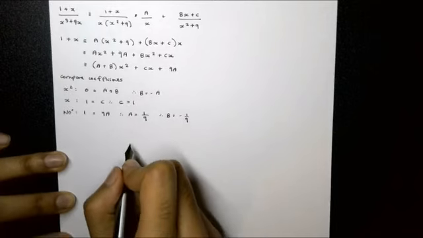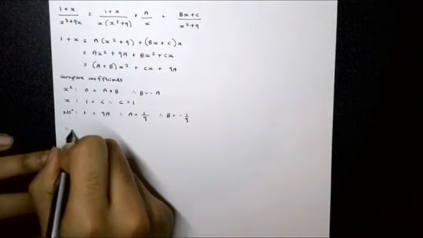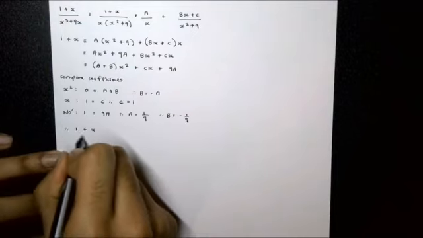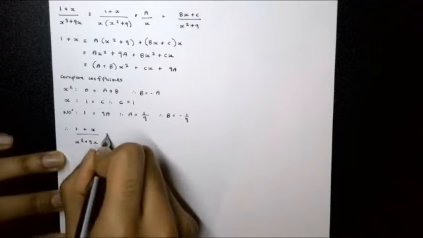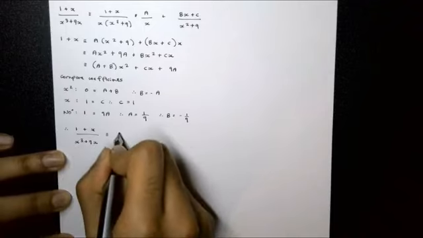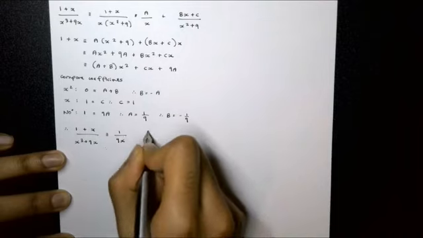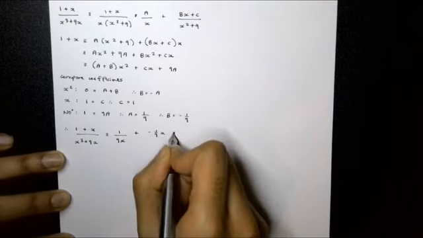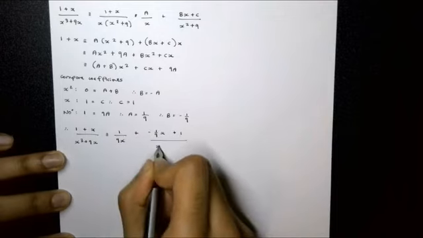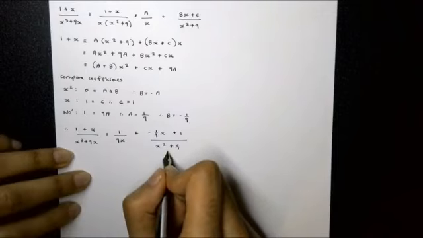And now if we tidy all of this up, hopefully here you can see we've got 1 plus x over x cubed plus 9x being equivalent to a over x, so here we've got 1 over 9x, plus bx, so we add on minus 1 over 9x plus c, which is 1, and then we divide this by x squared plus 9, and we need to write all of this in an integrable form.